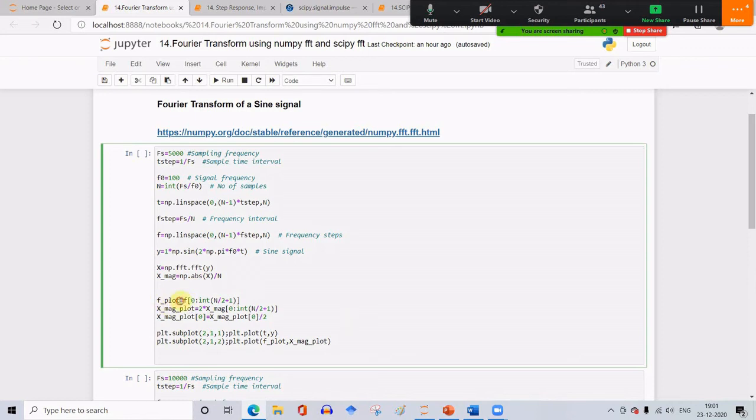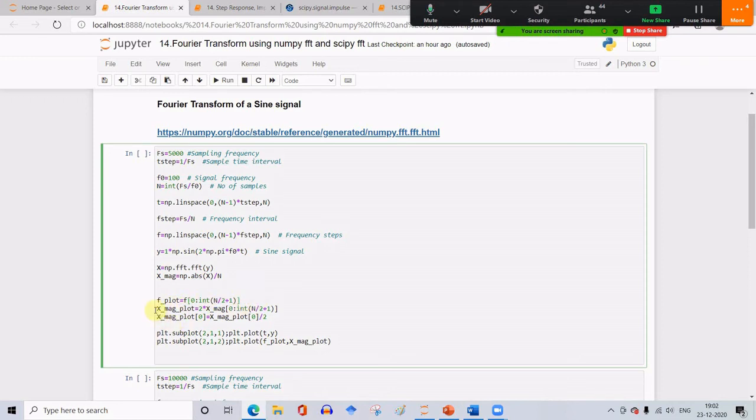For plotting the frequency, I'm designating it as f underscore plot from this f I have defined here, linear space from 0 to capital N is the total number of points, but I want only half of that. That is why I'm taking N by 2 plus 1 and the integer part of it. So from 0 to the integer part of N by 2 plus 1 will give me half of the frequency, and I can plot the graph only for half of that.